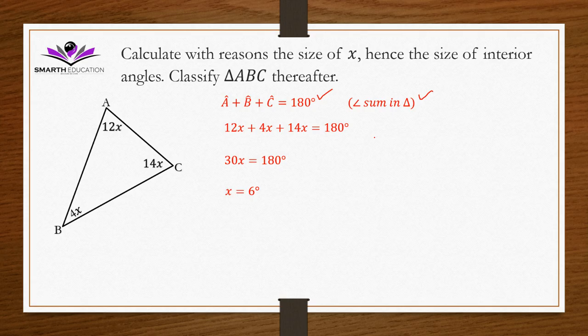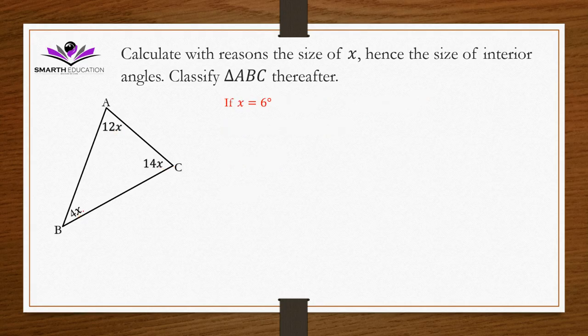But now we haven't answered the question fully. It says, hence the size of the interior angles. So what do we do here? Now we know that our x is 6 degrees. Let's find the size of angle A. Where there's x, we substitute. Where there's x, we put 6 here to get angle A. We put 6 here, 14 times 6 to get angle C, and 4 times 6 to get angle B. So that's what you do there.